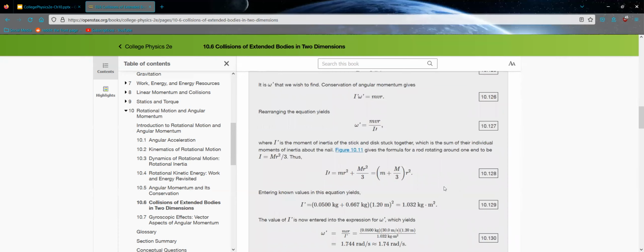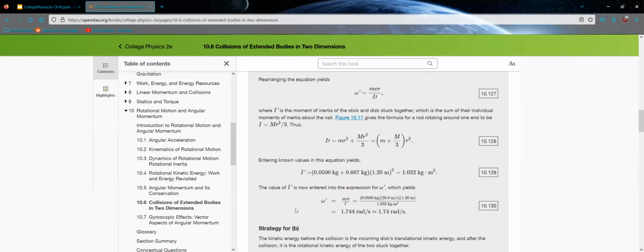Again, this is a good example. We have mr squared as the disk's moment of inertia afterwards, and we're adding that to mr squared over 3, which is the stick rotating around a point axis at its end.